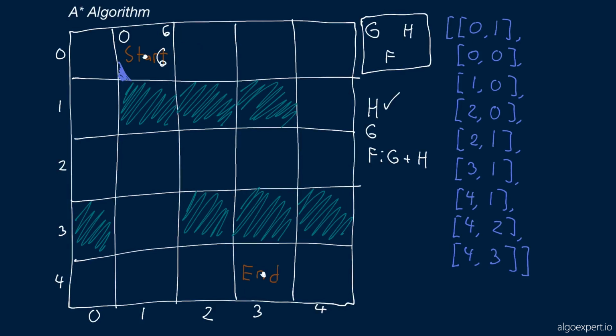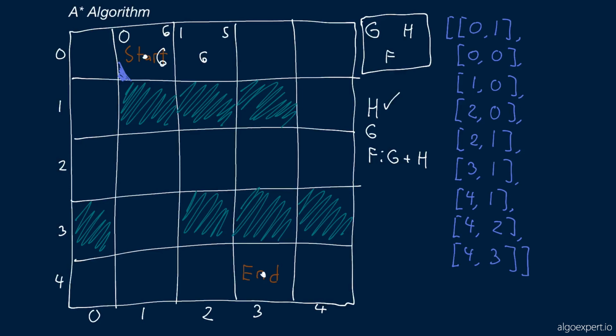The g-score of this is going to be 1, and the h-score of this is going to be 5. We can figure that out pretty easily by drawing the line here: 1, 2, 3, 4, 5. That is the estimate from the Manhattan distance, and we'll calculate the h-score every time we reach a new node. Looking at the f-score, we have a score of 6. So we've calculated the scores for that node.